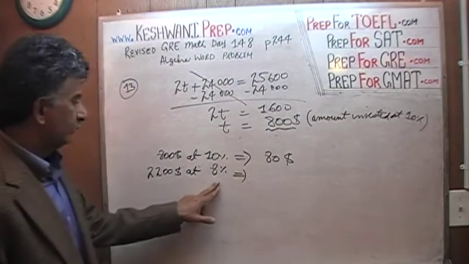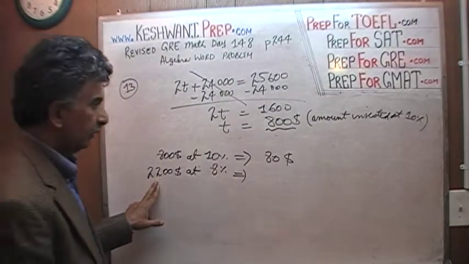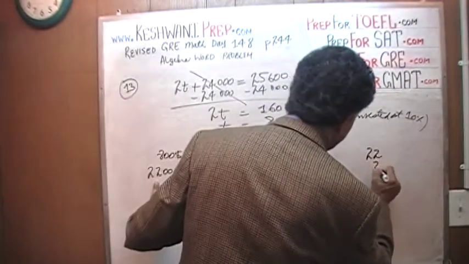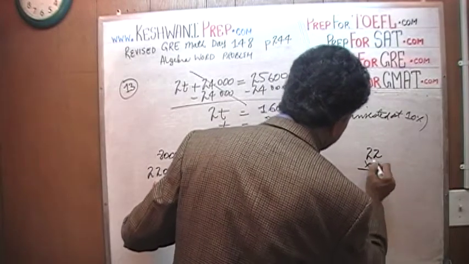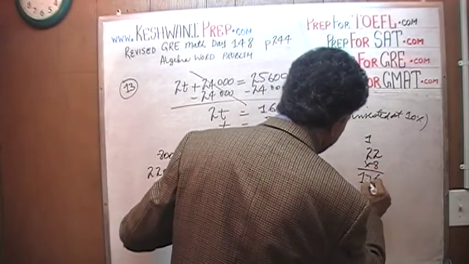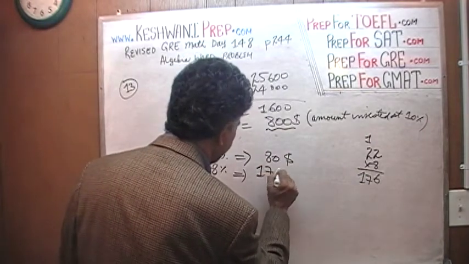So now we have to figure out 8% of $2,200. So 22 times 8, 8 times 2 is 16, carry 1, 16 plus 1 is 17, so it looks like $176.